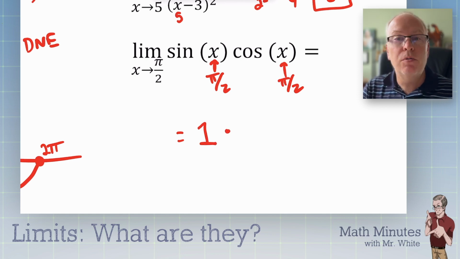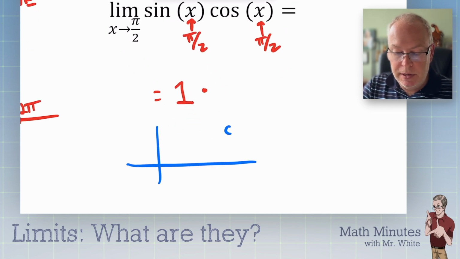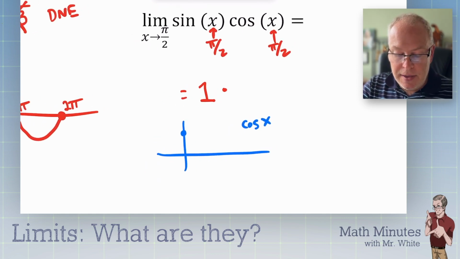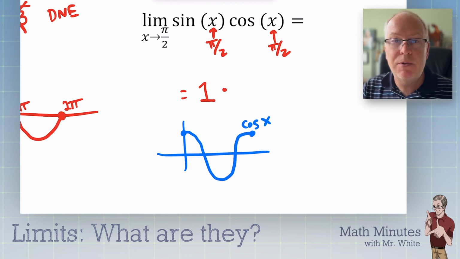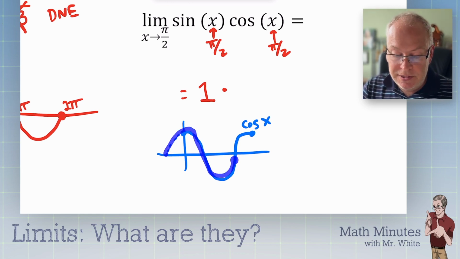What about the cosine at pi over 2? Well, let's sketch that real quickly. Do you remember what the cosine looks like? This will be cosine x. Cosine starts up high here, and then it goes down like this, and then it finishes right here. It's the same curve as sine, by the way. Don't forget. You see right there? Here's the sine curve.